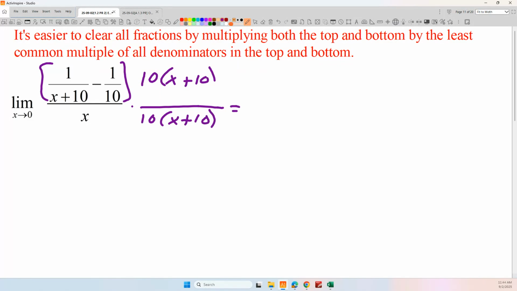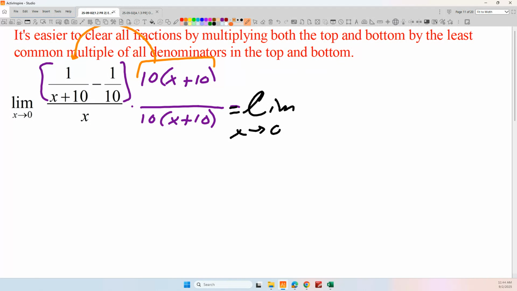Okay, what happens when I distribute this thing to that term? What cancels? x plus 10, everybody agree? Everybody see that?